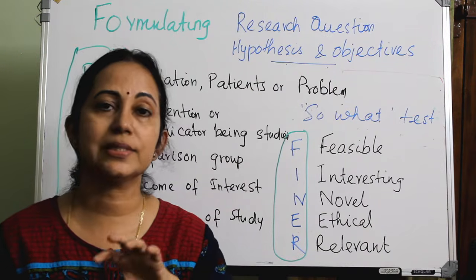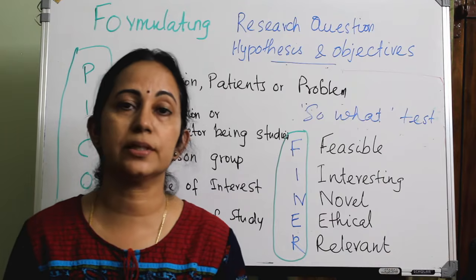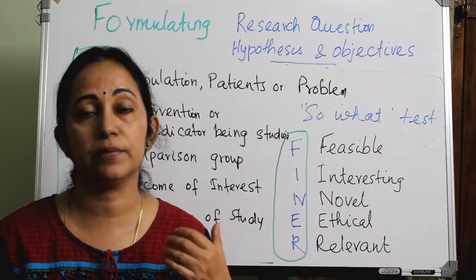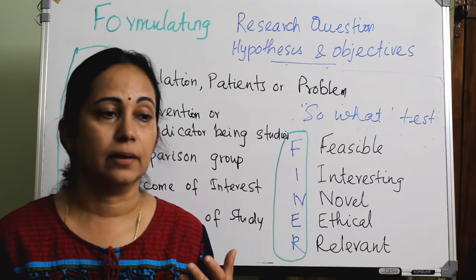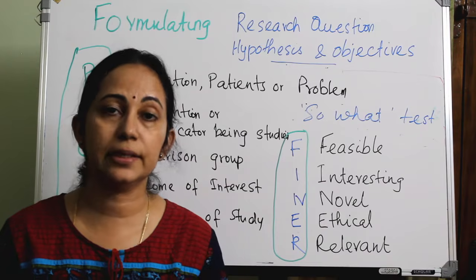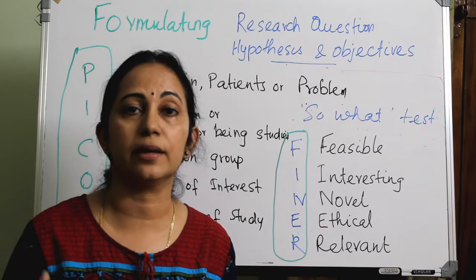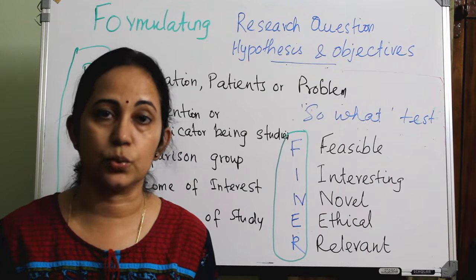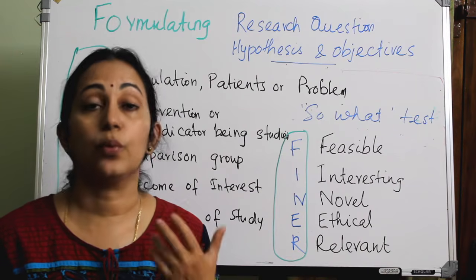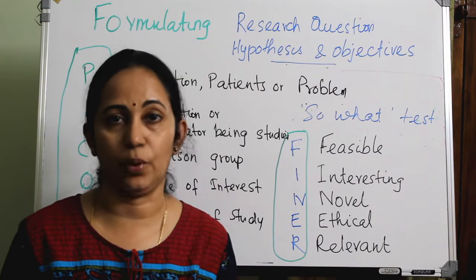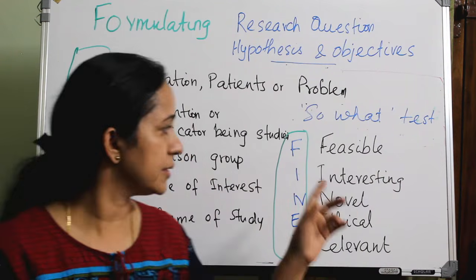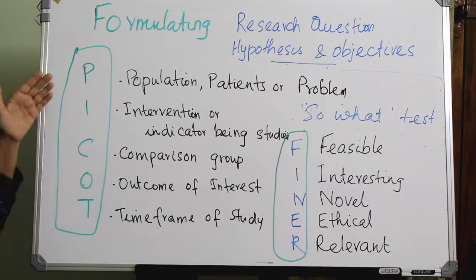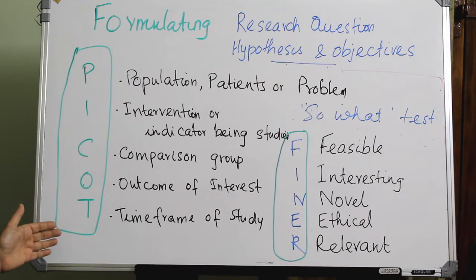Also always link the question with the action that will be taken once the research is over. And obviously it should be in question form. Okay. And stick to this FINER and also the PICOT framework.